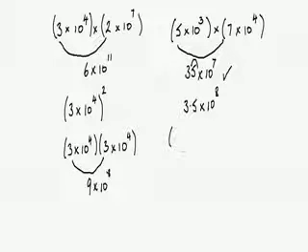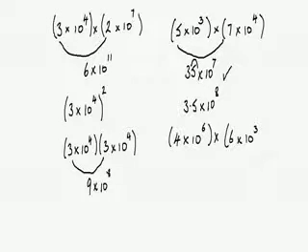Okay, so let's give you another one. So let's say we've got 4 times 10 to the power of 6 times 6 times 10 to the power of 3. So again, like with like, 6 fours, 24 times 10.